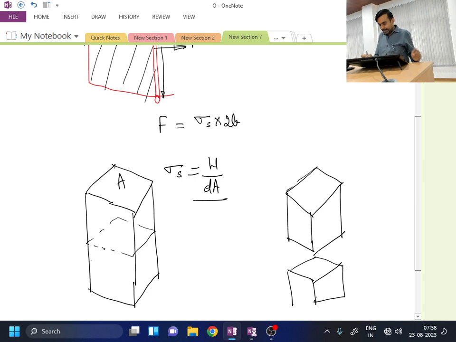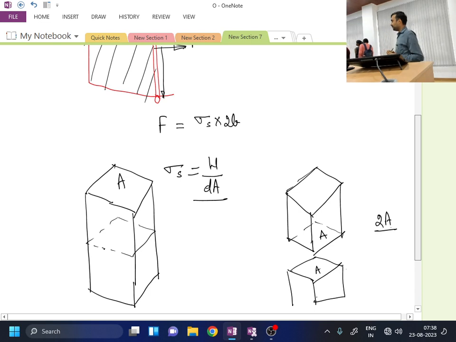If A is the area of each surface, say A for this and A for this, then ultimately I have got 2A amount of area. So whatever energy I have to invest in order to create this cut, that energy or work W will be equal to sigma s times 2A.